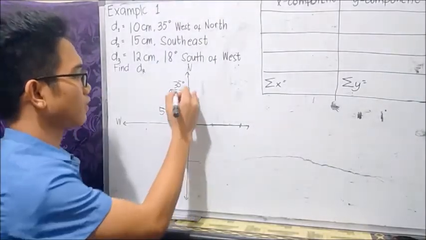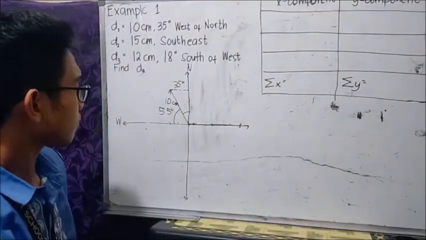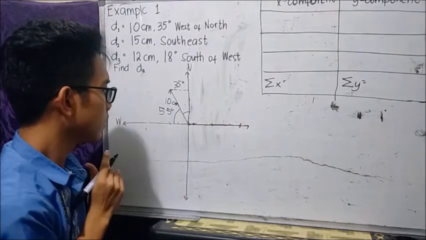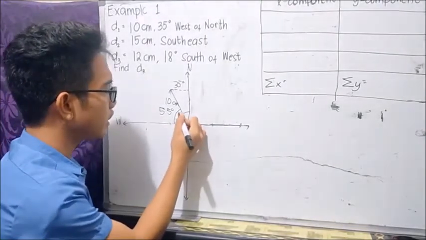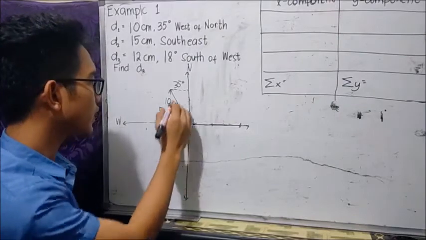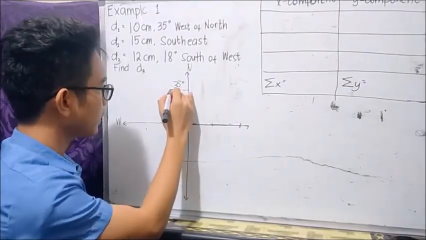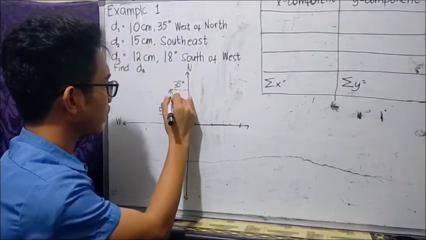Okay, so let's go back again to your rules in right triangle. So this is our angle, that is 55 degrees. We are trying to find the x component. This is the hypotenuse of the triangle, and this is your x component, and this is your y component.